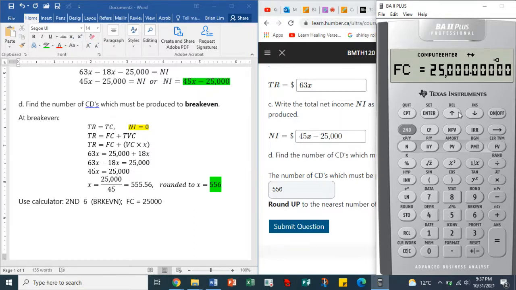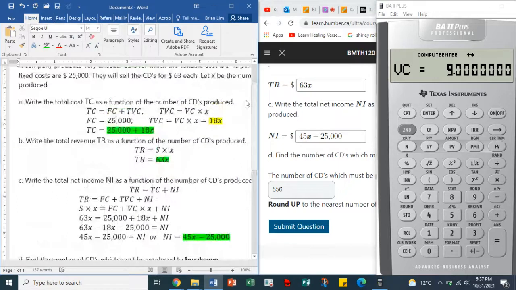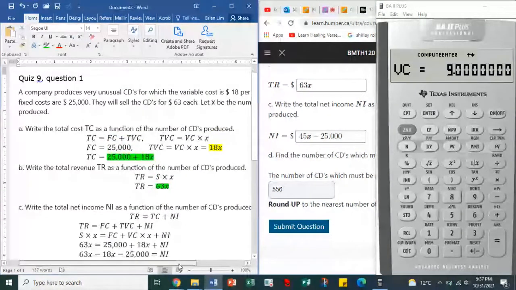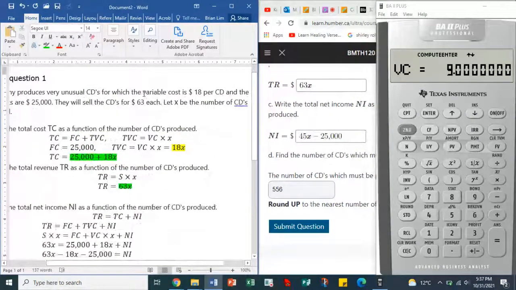Next, we want the variable cost. Now, the variable cost is how much? Well, let's go over here. We put in VC is equal to what? Variable cost is, in fact, this 18 right here. But if you really want to check it, we can go back up here and see that variable cost is 18.